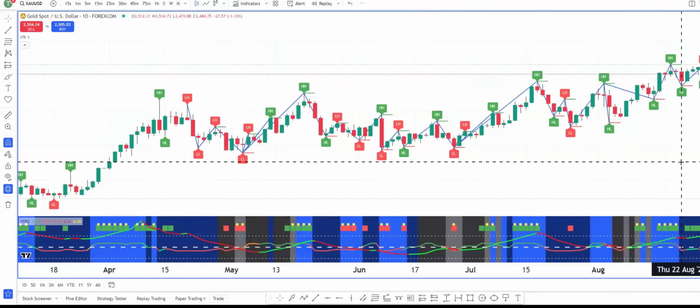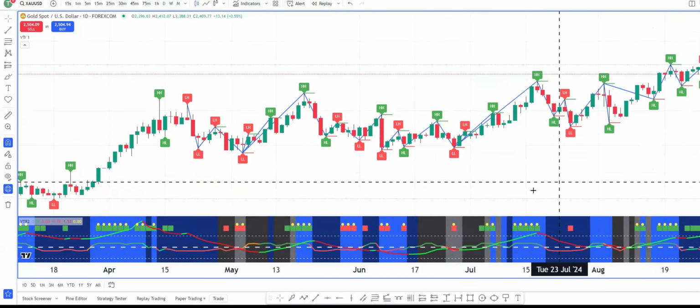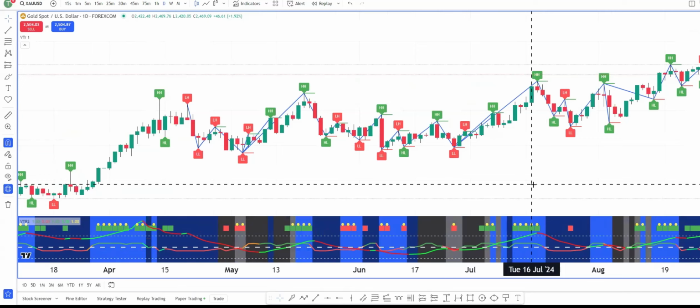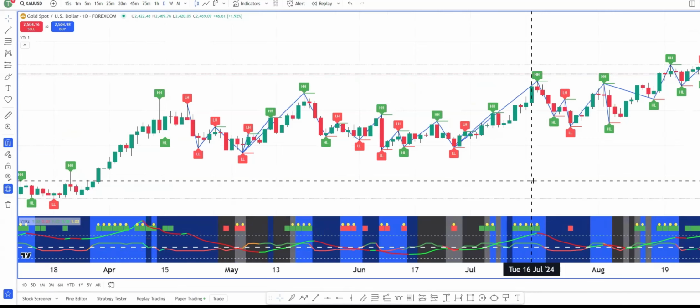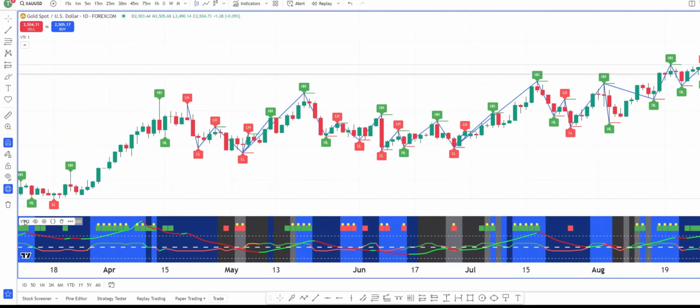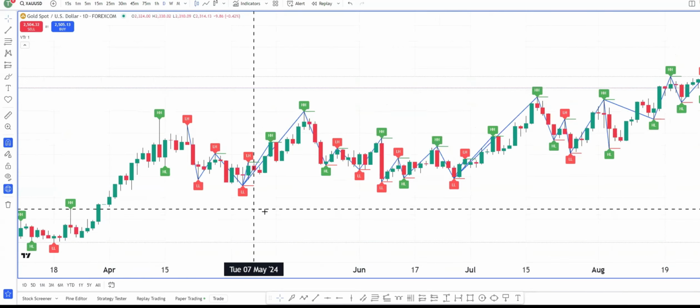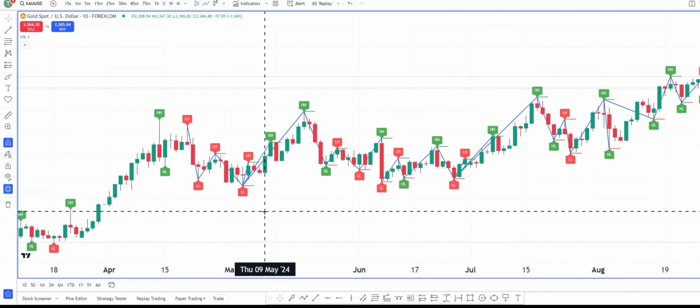See, basically what we are seeing here on the chart, you need to understand the market structure. The first thing that you need to understand is the market structure, how the market works, how price moves on a daily basis.